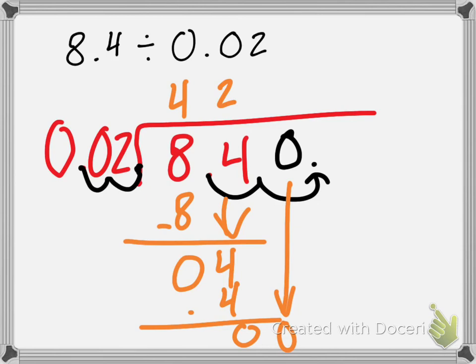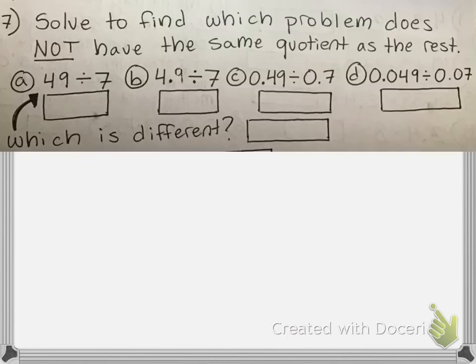No, I still have to go to the end of my decimal. 2 goes into it 0 times. So my answer is 420. We can't have a decimal for our divisor, so we do the exact same for the dividend.